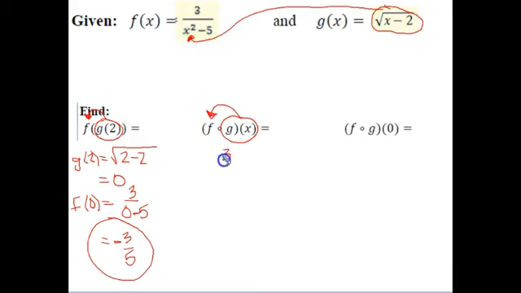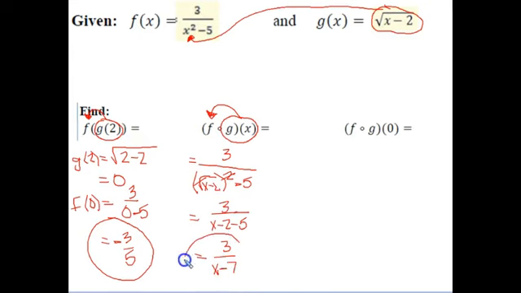So we're going to have 3 over the square root of x minus 2 squared, and then a minus 5. But the square root and the squared cancel each other out, so we actually have x minus 2 minus 5, just the inside is left, which is going to give us 3 over x minus 7.